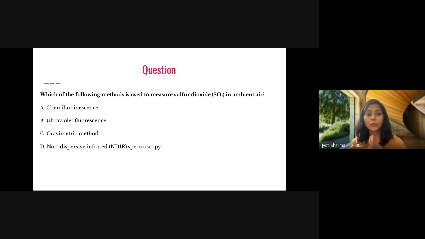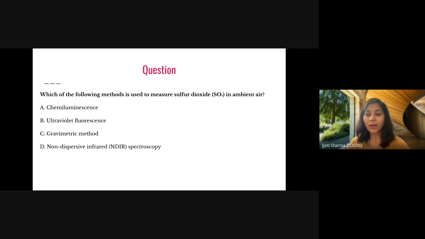Then we also have some standard methods by which we can measure these criteria pollutants, and each criteria pollutant can be measured with a very specific method. For example, for sulfur dioxide we have a unique method by which we can measure it in the air.